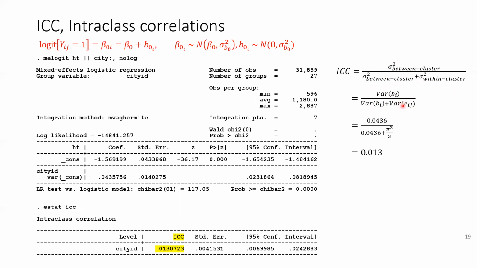But here, in case of logistic regression, this one, variance of error term, it's a constant. So it doesn't change across data sets. It's always this value. And we can calculate, we get an ICC here of 1.3%, which is kind of small in this data set.